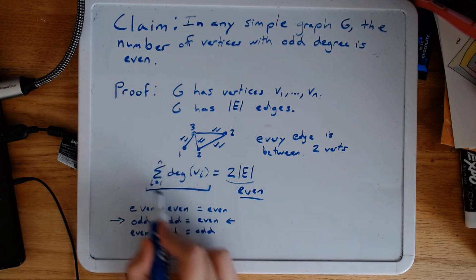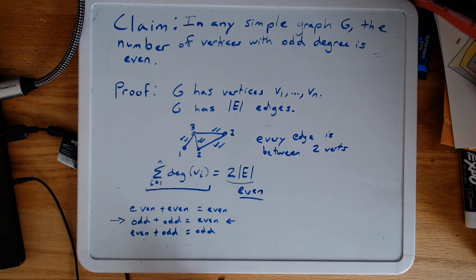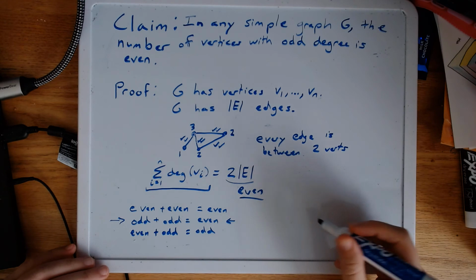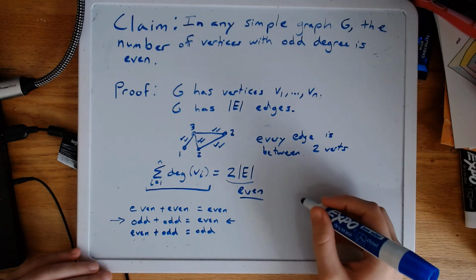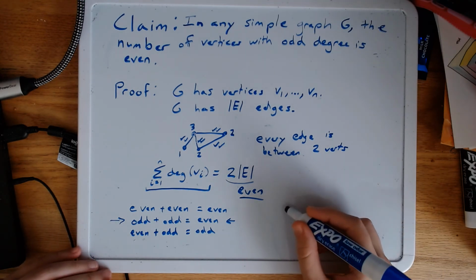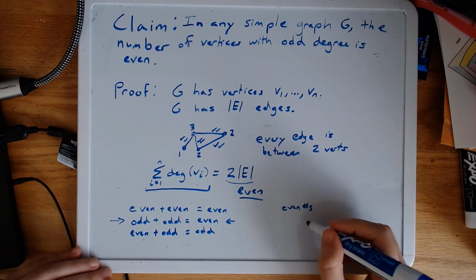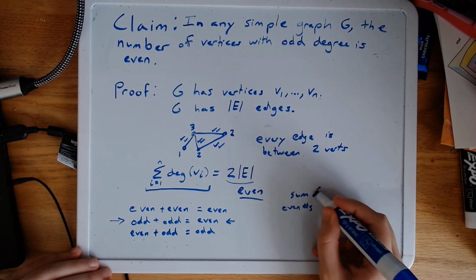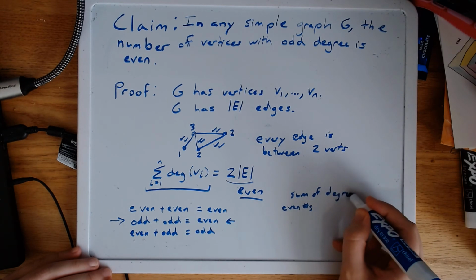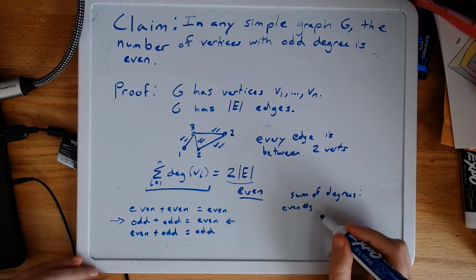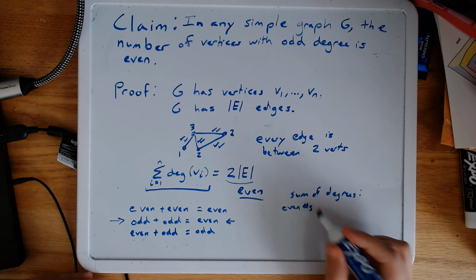Because if we don't, then we can think about it this way. We have a bunch of even numbers, right? If we're summing the degrees, we have a bunch of even numbers. They all sum to an even number.